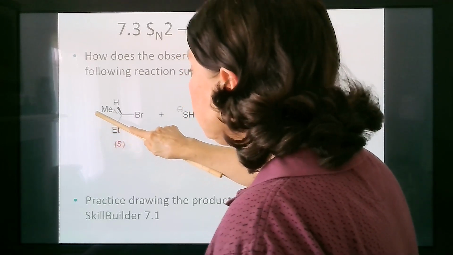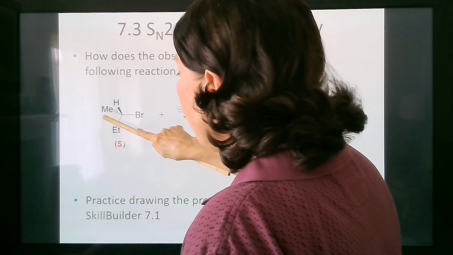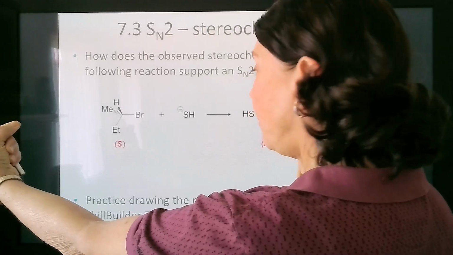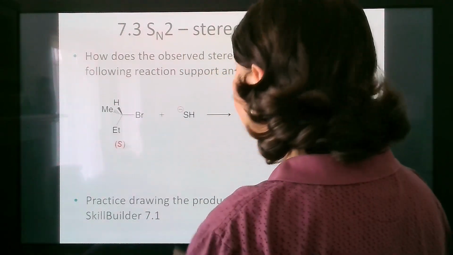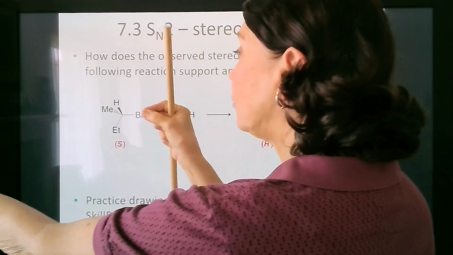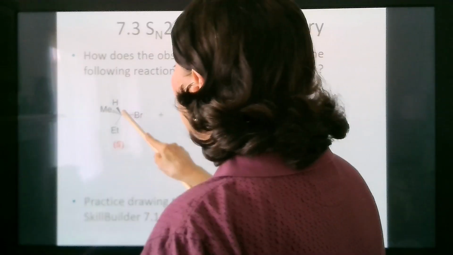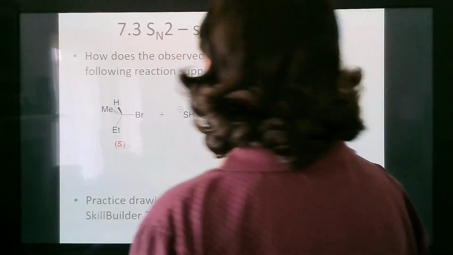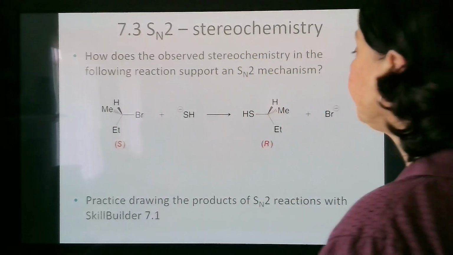And so when it starts populating the antibonding orbital, the carbon-bromine interatomic distance will start to increase. As the carbon-sulfur interatomic distance decreases, the carbon-bromine interatomic distance increases simultaneously.